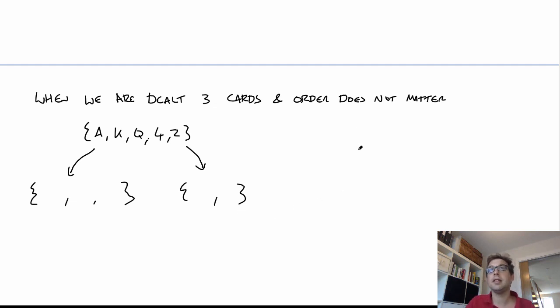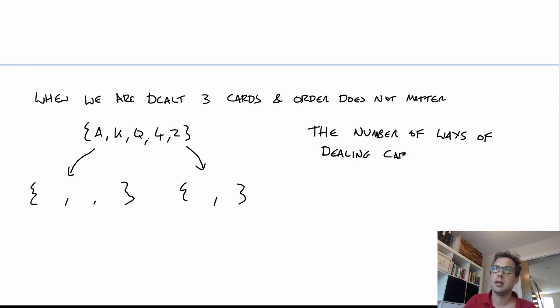The effect of that is that the number of ways of dealing cards now, as we gave in the combinations part, is 5 choose 3, which is equal to 5 factorial divided by 3 factorial divided by 2 factorial.